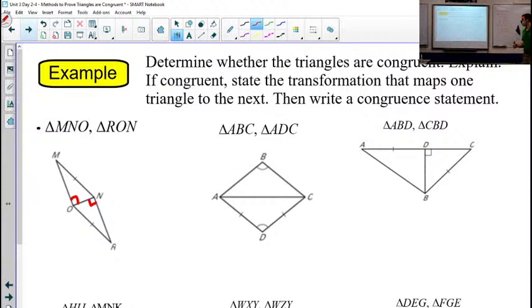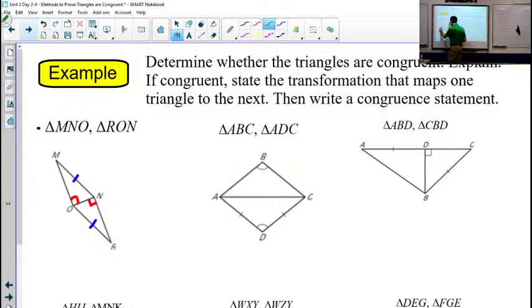Another way to say it is that if you don't have a right triangle, then you can get rid of hypotenuse, leg as a possibility. So we have that right triangle. We also have a side here.